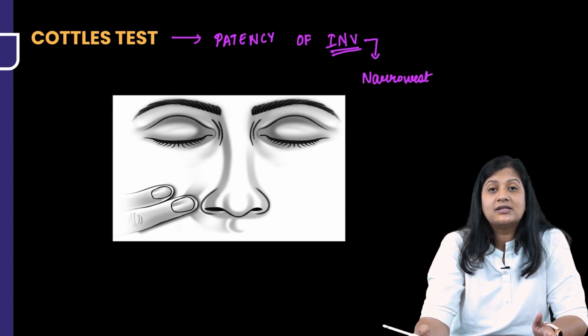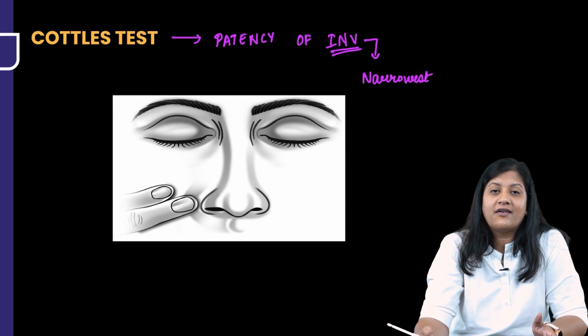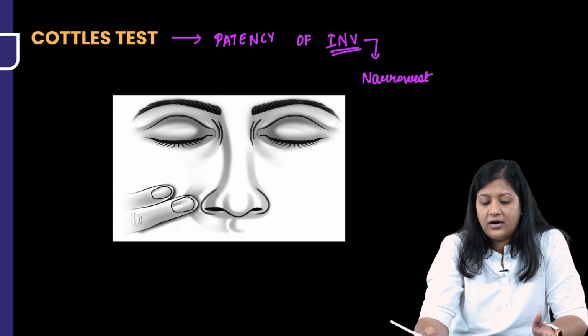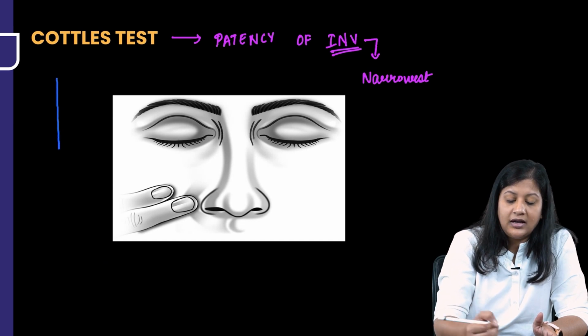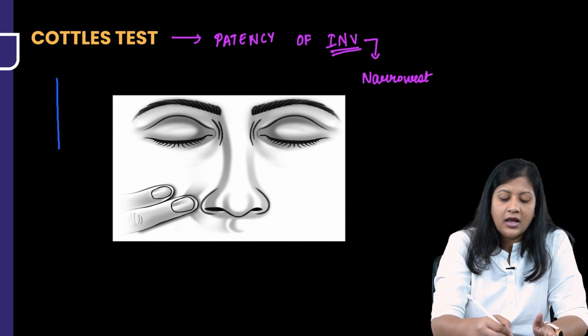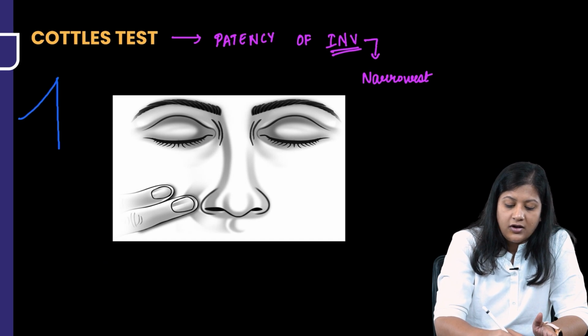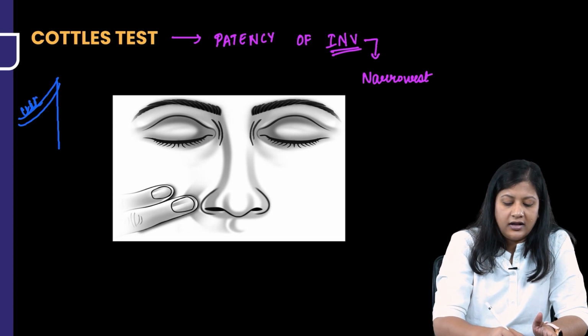Now, since this is the narrowest portion of the nasal cavity, we need to know the boundaries. The boundaries of the internal nasal valve are: medially you have the septum, superiorly you have the lower border of the upper lateral cartilage, and inferiorly you have the head of the inferior turbinate.